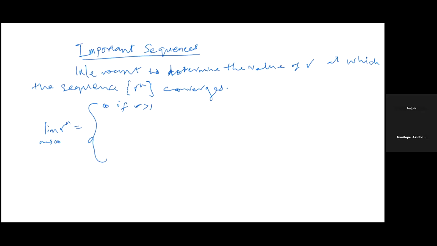Now it's going to be 0 if the absolute value of R is less than 1. Let's take a value that will be less than 1. Let's take 1/2, for instance.